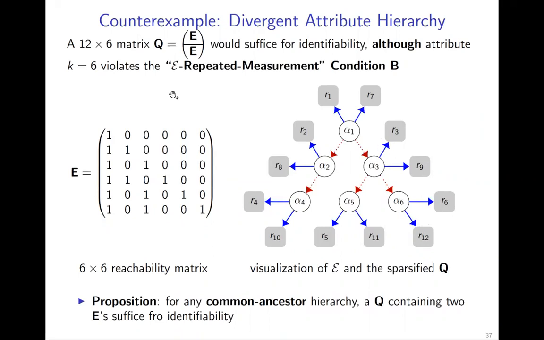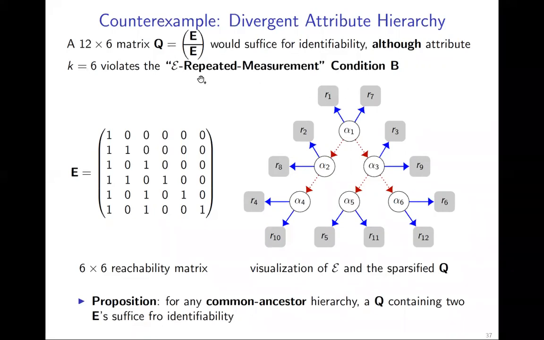And I found out that a Q matrix that contains 2 copies of the reachability matrix can suffice for identifiability. But in this case, the attribute k equal to 6 violates the repeated measurement condition, because if the Q matrix contains 2 copies of E, then the 6th attribute is only required by 2 items.